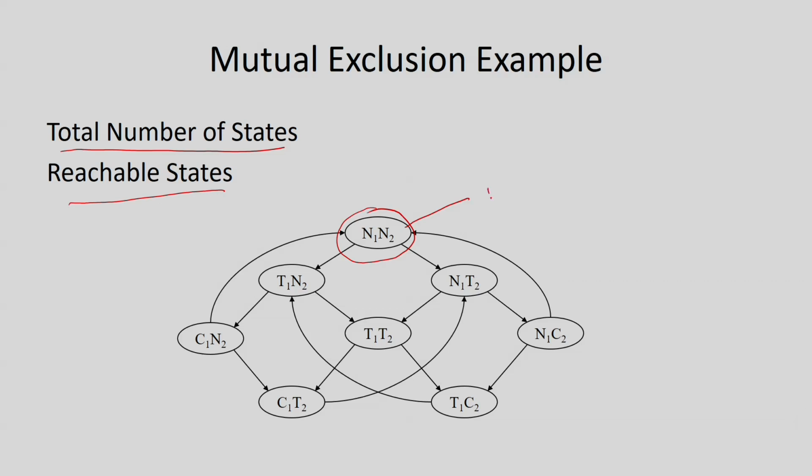That means N1 and N2 are true over here, but the other 4 state variables are false at this particular point. That means not T1, not T2, not C1, not C2. Basically, this labeling is indicating that. So, in total we have 6 state variables.